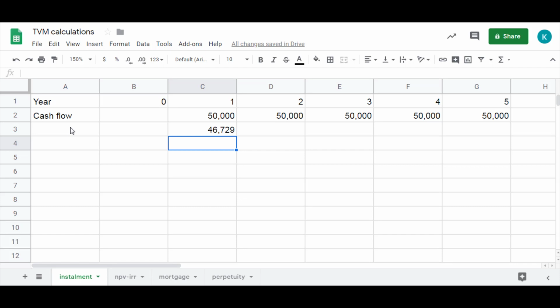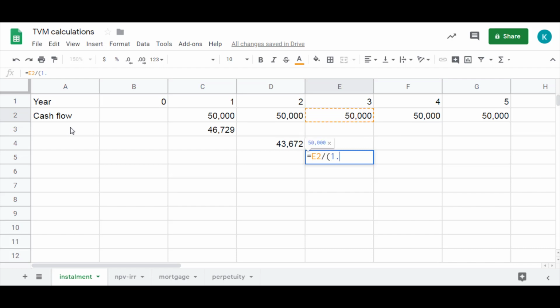46,729. Okay, so we could do this for the second cash flow as well. Let me go to another cell and calculate the present value of the next cash flow. Here we're going to discount with 1.07 raised to the power of 2, to represent the fact that this 50,000 is 2 years from now. And as you can see, the present value of the second 50,000 is lower than the first. We could repeat this calculation.